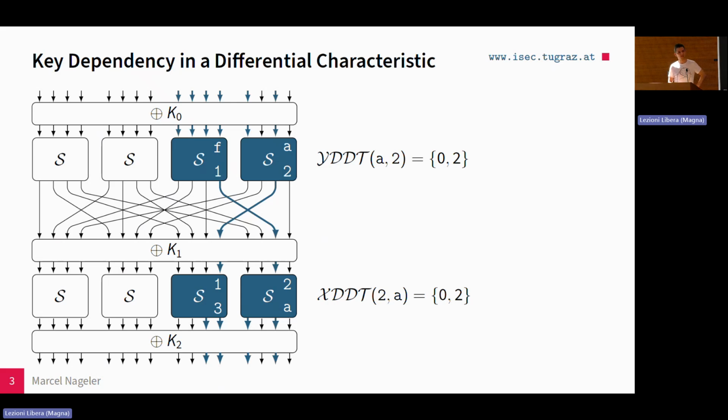And similarly, if we take a look at the input of the bottom right S box, the two values that the input needs to take for this transition to happen are 0 and 2. And if you pay close attention, you will see that for both of these two sets, the least significant bit is always 0. So at the output, we always get a 0. At the input of the next S box, we always need 0.